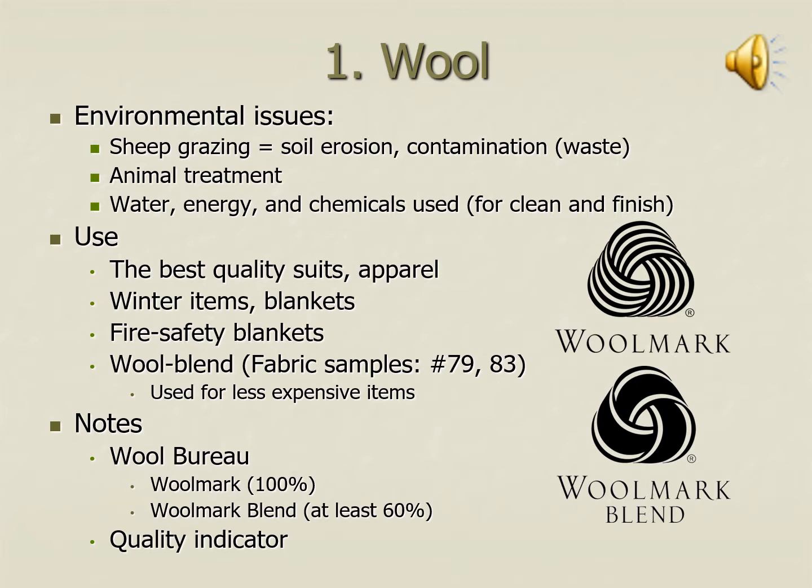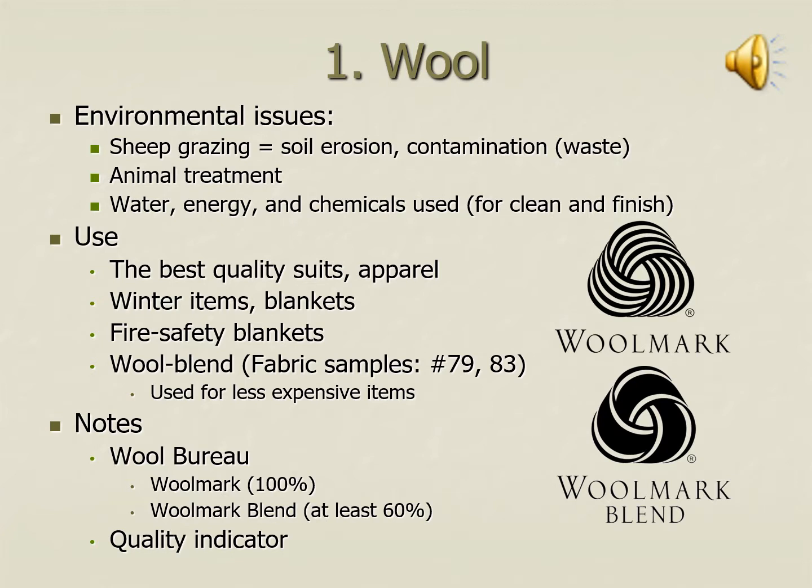So in less expensive apparel stores, the suits there, for example, will be made of wool blends instead of 100% wool. And actually, one of the ways you can get an idea of how much wool is in a particular garment or item is by these trademarks on the right here that have been put out by the wool bureaus.